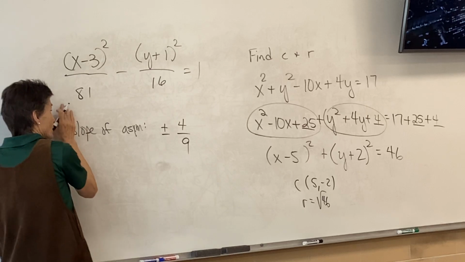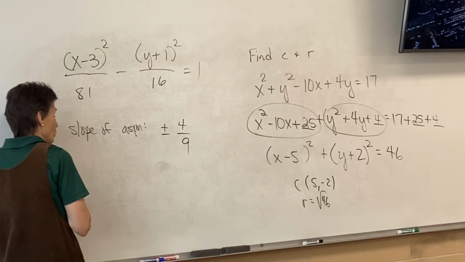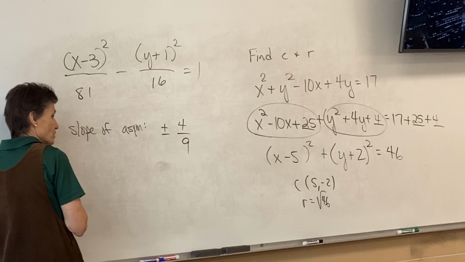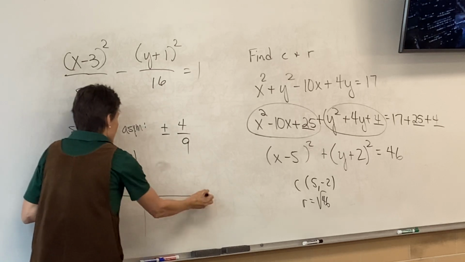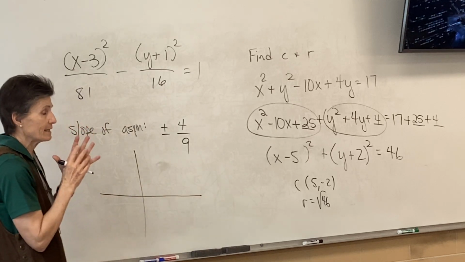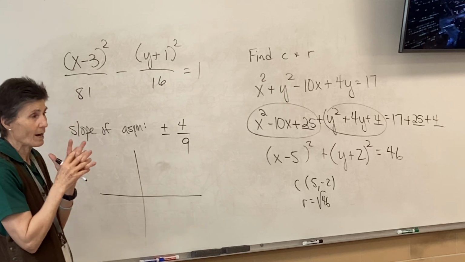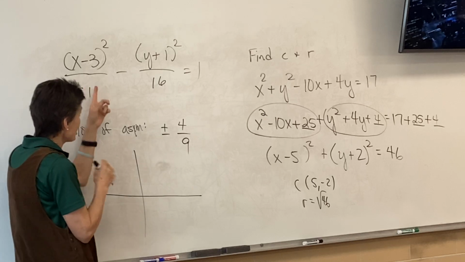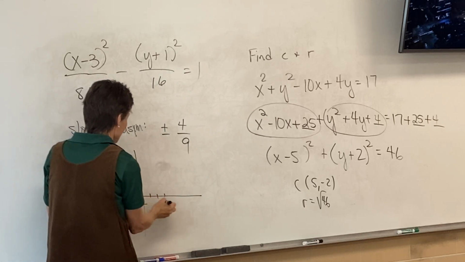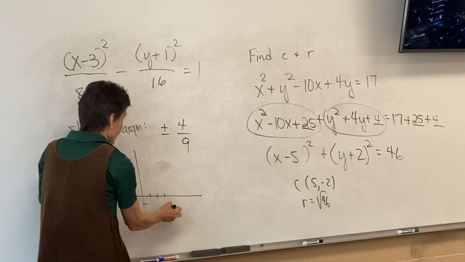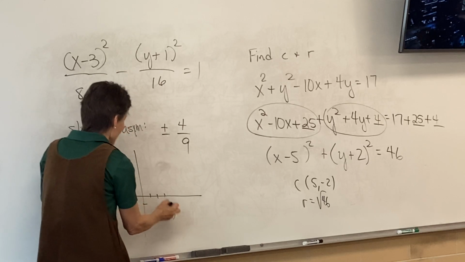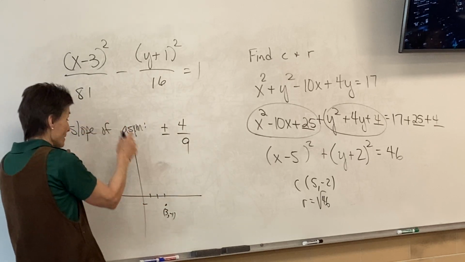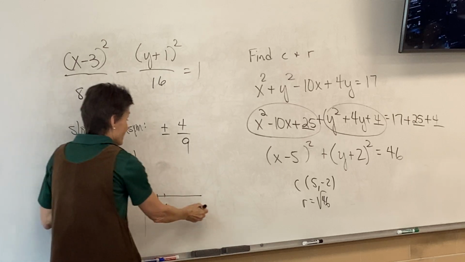Another question that can come out of this same hyperbola is, where are the vertices? You don't need to get all fancy in your graph, but you can. You have your center at 3, -1, right? And that tells me to count sideways 9.